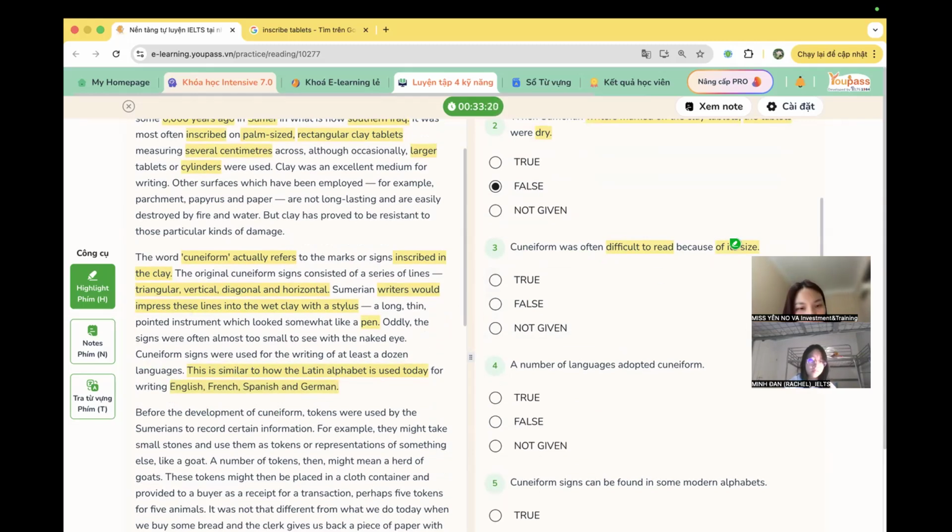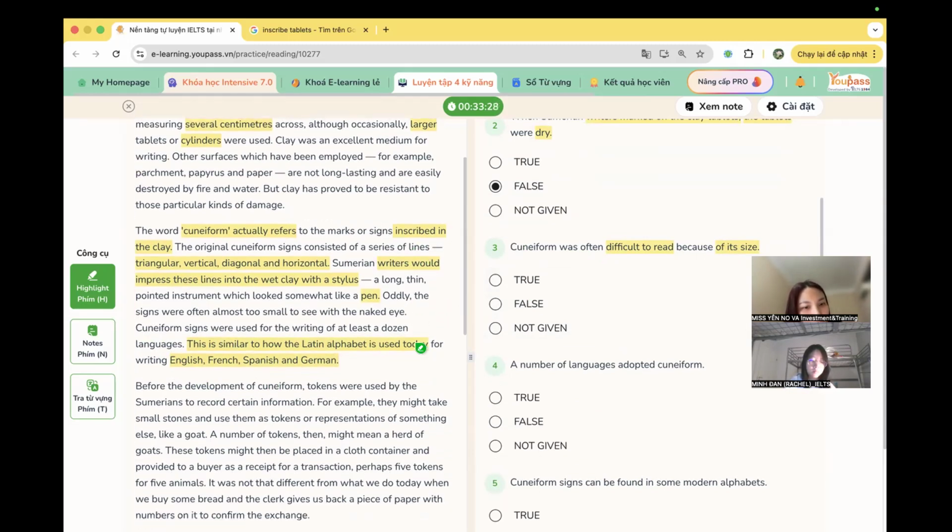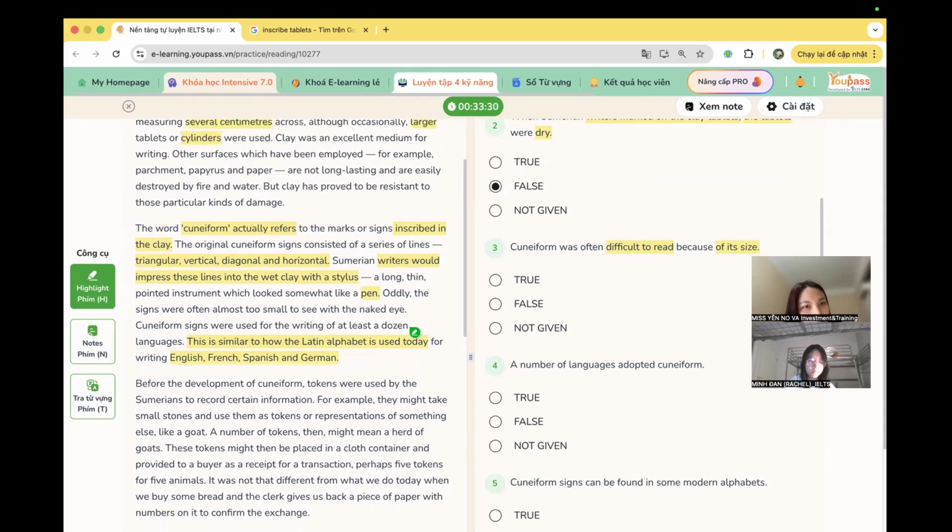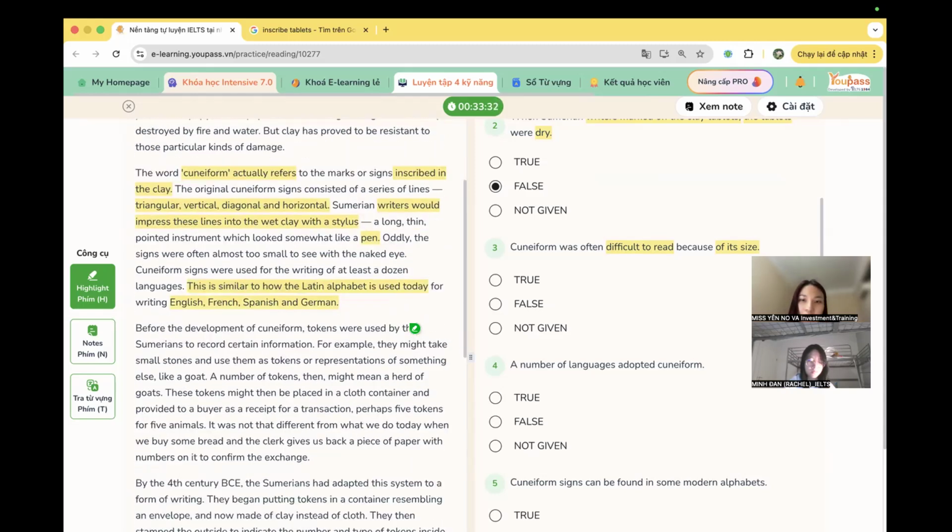So there's no way they would talk about the size of the thing. They only talk about a series of lines. So what do you say? Is it true, false, not given? I think that it's not given. Okay, so keep it there.